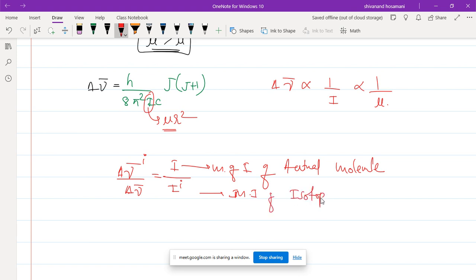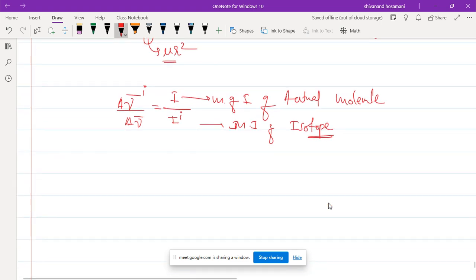Is that clear? Therefore the energy separation depends completely on the moment of inertia.